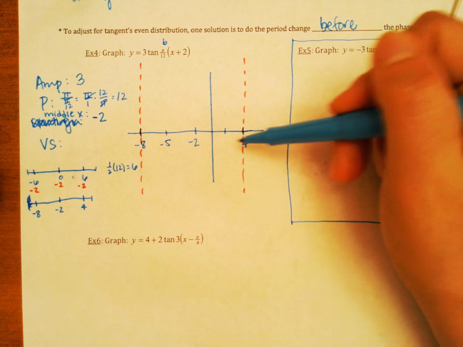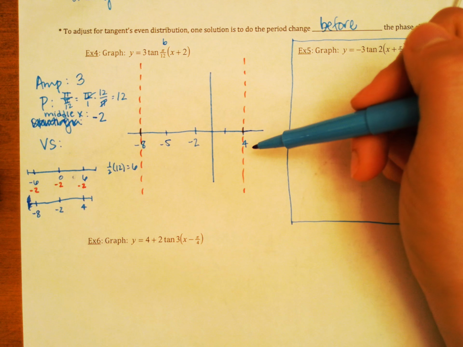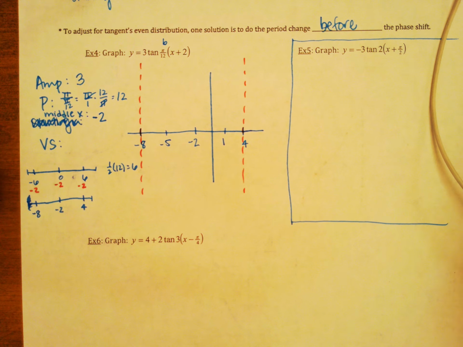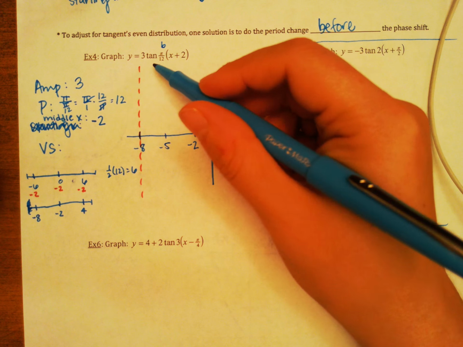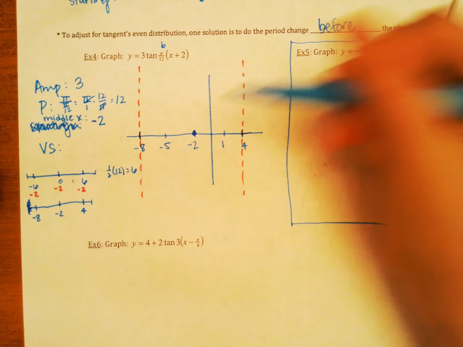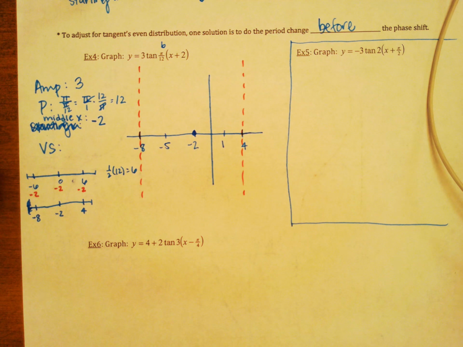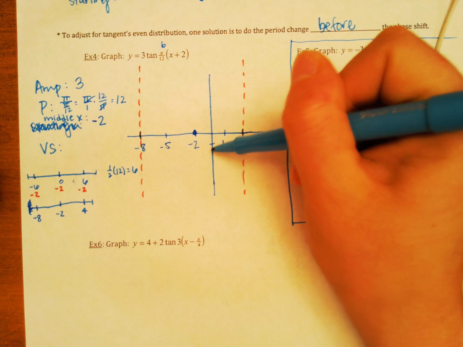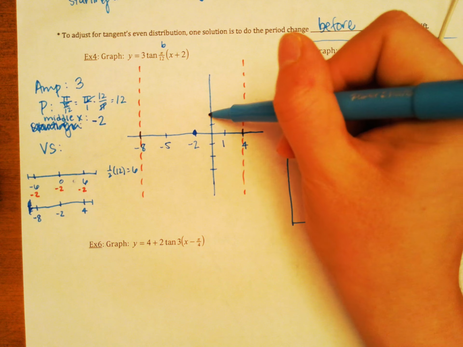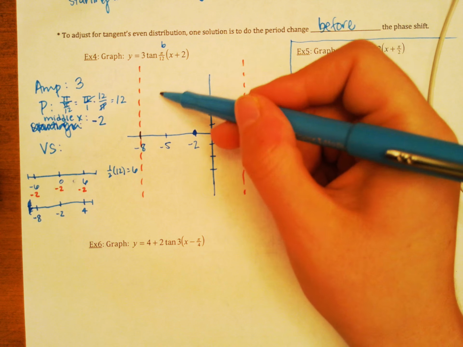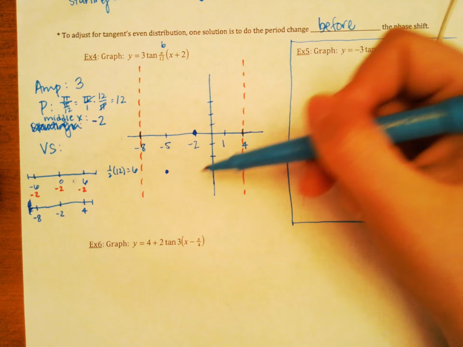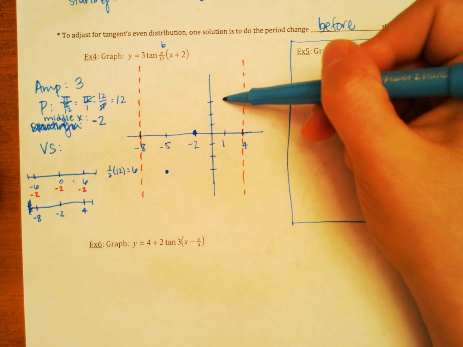Great. -2 plus 4 is going to be +2. +2 divided by 2 is +1. Again, like cotangent, tangent has that 0 at our middle critical value, which is, in this case, -2. It's our third one. And unlike cotangent, for our amplitude, instead of starting up and then going down to the left, we're starting down. So at -5, we're starting down at -3, and then at 1, we're going up to +3.